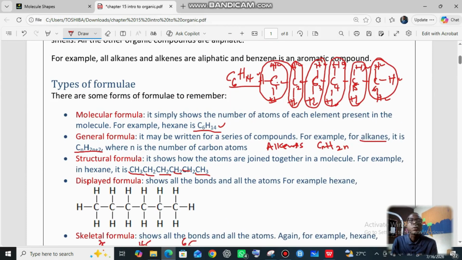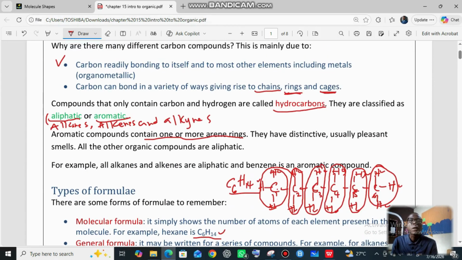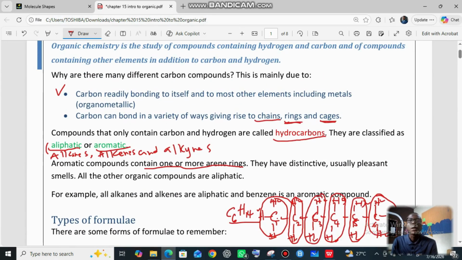So far, we have seen what organic chemistry is. Organic chemistry has to do with the study of carbon and hydrogen, and also compounds that contain carbon, hydrogen, and any other elements, which could be a non-metal or a metal. We've seen why we have many different organic compounds with different carbon atoms.